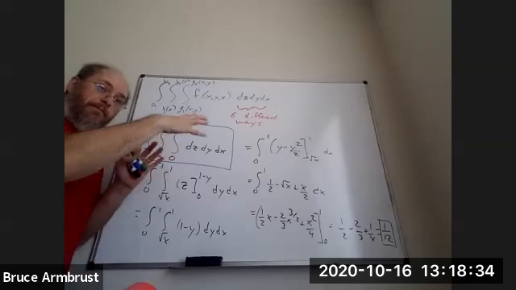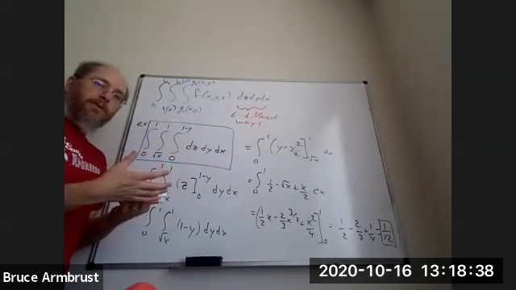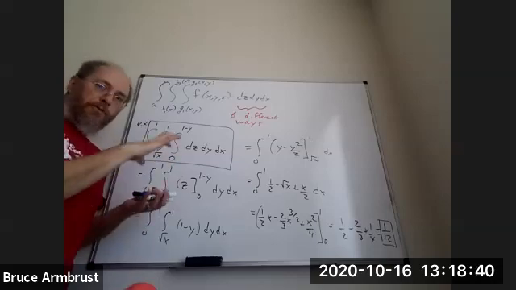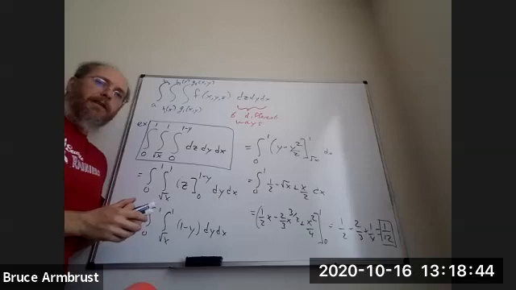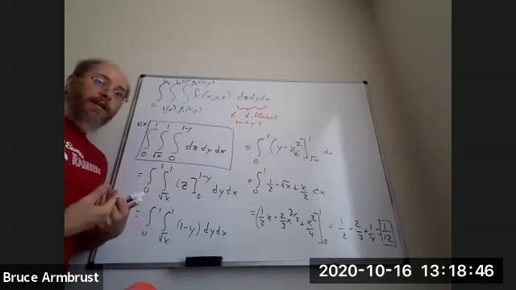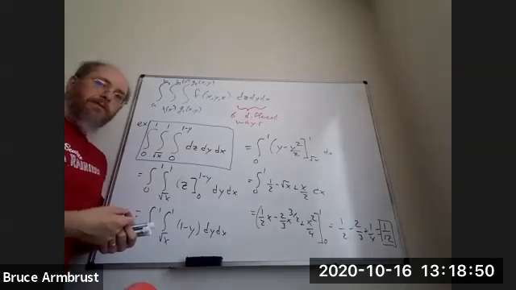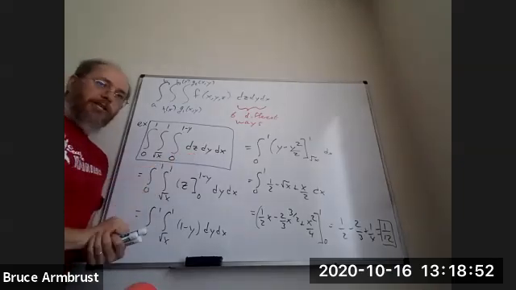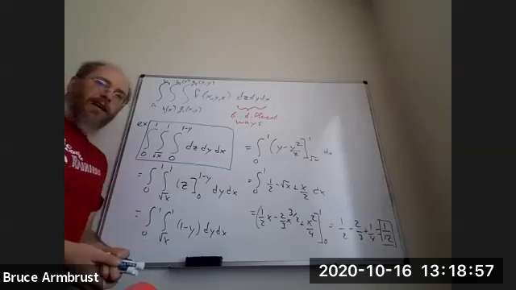We're looking at some solid region in space over which we're integrating, or in this case, we're finding the volume of that region in space. But let's see if we can picture it. I want to do this so that we can swap bounds. We're going to change the order of integration on this. But in order to do that, we have to have kind of an idea of what this looks like.